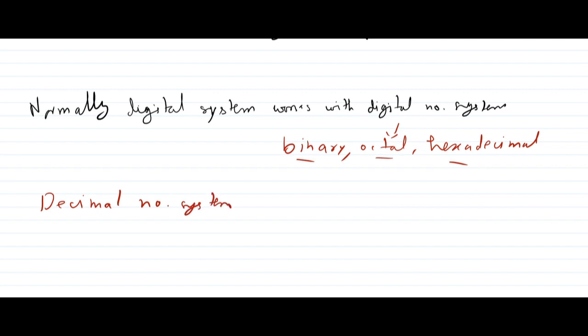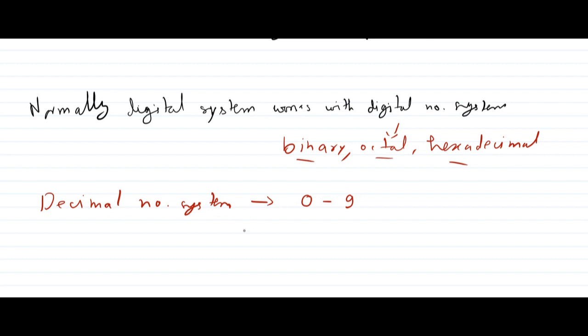In the decimal number system, if you look closely, we have numbers ranging from 0 to 9 only. You can write any number using numbers from 0 to 9.